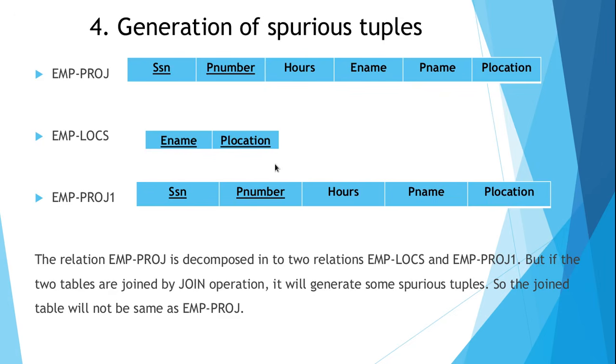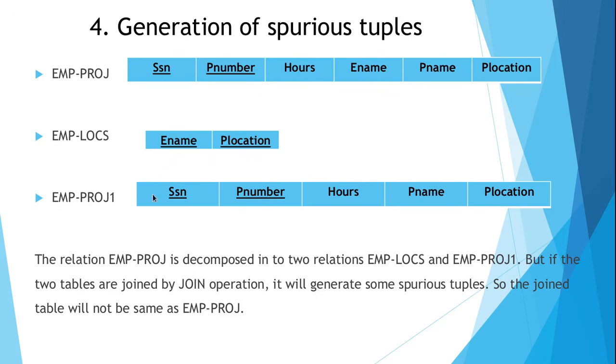So here, if you perform the join of these two tables, we expect that we will get the employee project table itself. That is, this table was a parent table. This is decomposed into these two tables. So obviously, when you join these two tables, we should get the parent table itself. But when you join employee location and employee project 1, there is no primary key, super key combination to consider in the joining condition.